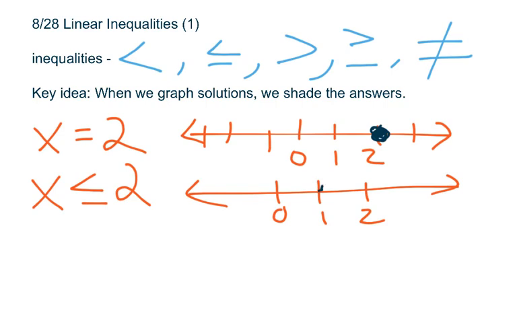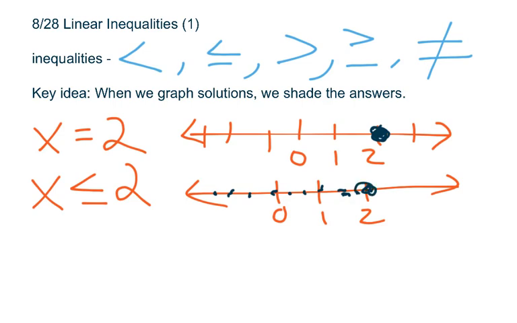So that would include the 1, that would include the 0, but don't stop yourself there. That would include 1/2 and 1/4. It would include negative numbers, would also be less than 2, so maybe -1, -2. Anything less than 2, so 1.5, 1.8, 1.9, and also because it says equal to 2, we would shade in the 2.